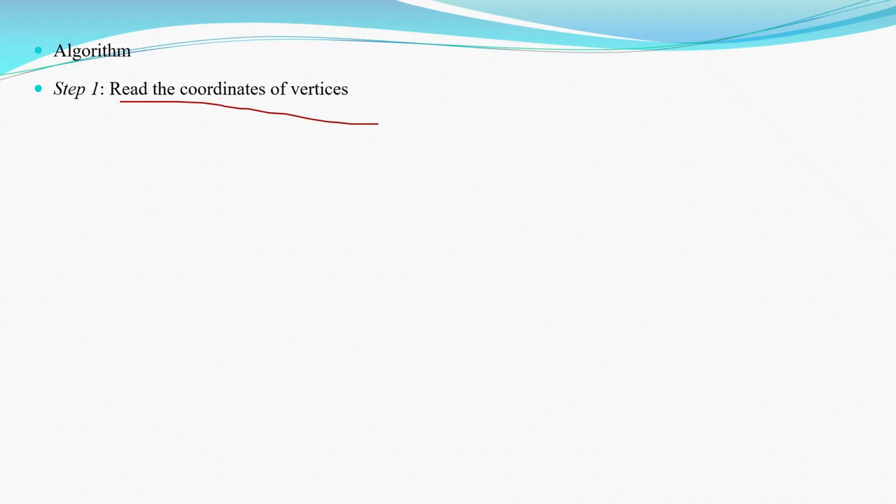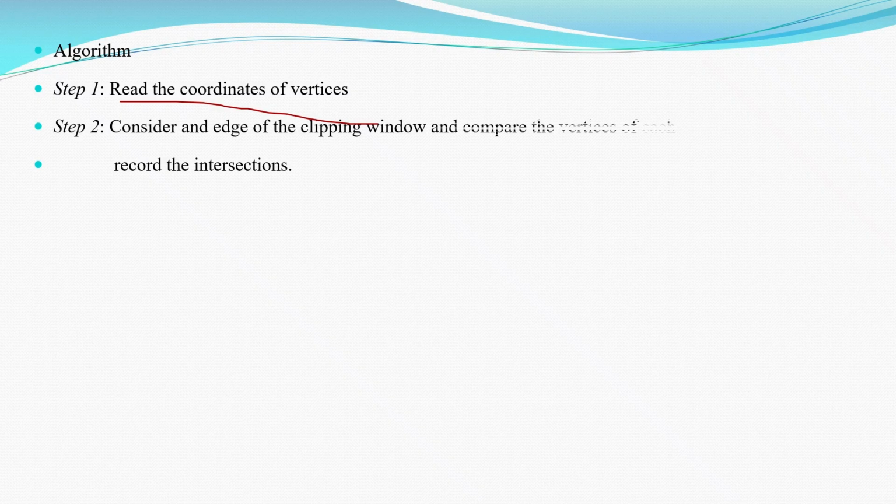So how do we maintain the algorithm? Here we are saving the edge values as output and as input. First step, read the coordinates of the vertices. Second step, consider an edge of the clip window and compare the vertices of each edge, recording the intersections.